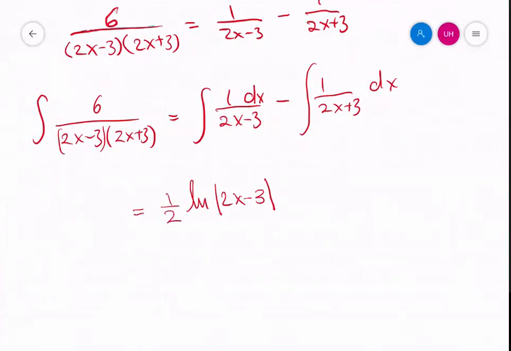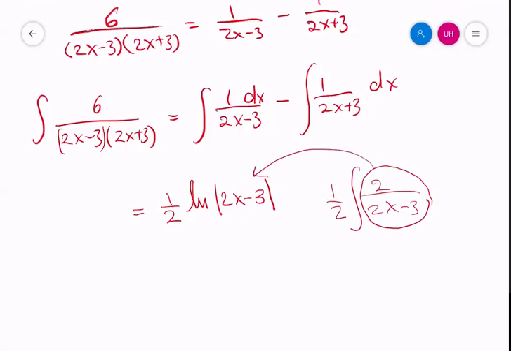So it's 1/2 ln (2x minus 3). This is same as when I explained earlier. It's like you're saying 2 over 2x minus 3 multiplied by 1/2. So the 2 over 2x minus 3 will give us this form of the ln (2x minus 3), and the half is outside. Okay?